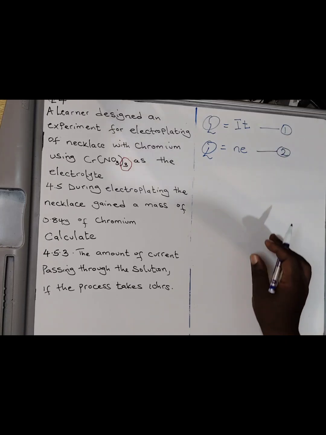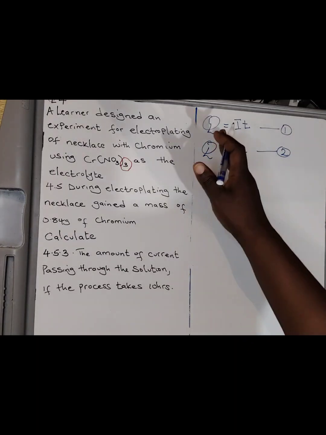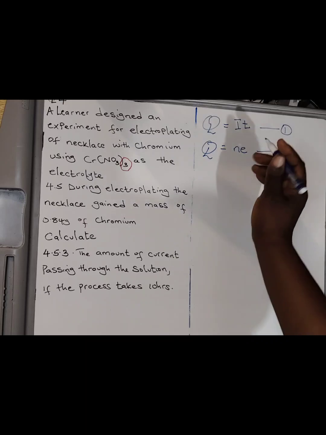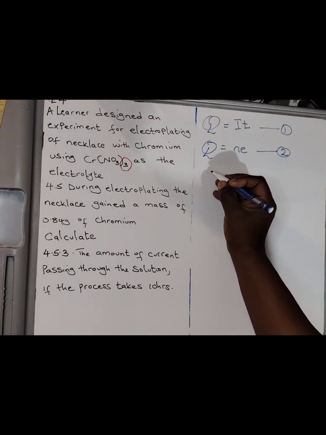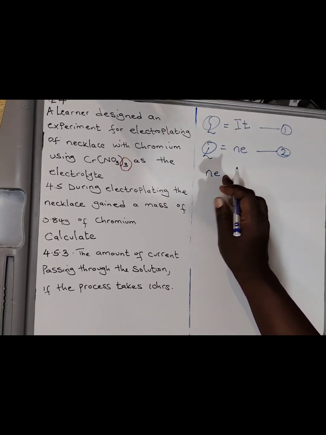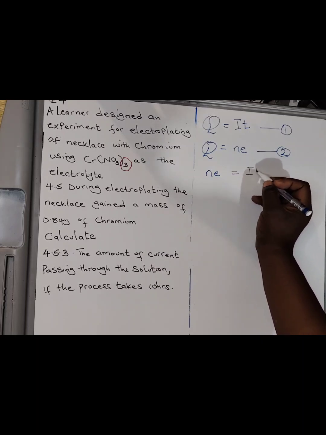That's equation number 2. With these two equations, we're talking about the same quantity of electricity, so NE, the number of electrons times electronic charge, is equal to IT.